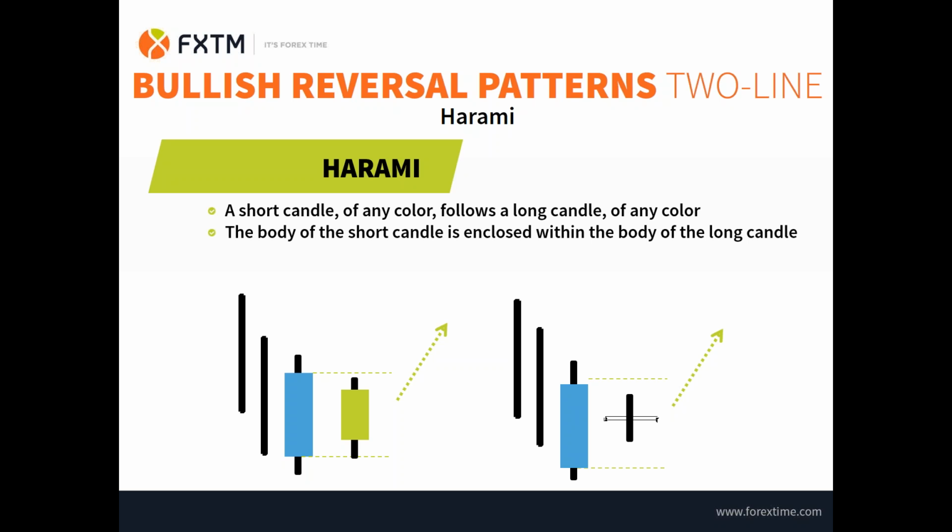Actually, the body of the shorter is enclosed within the body of the longer candle. All right? So this is the harami formation. And in the case where you have a doji instead of a small body, then it's called harami cross. Nothing changes. The meaning is exactly the same.